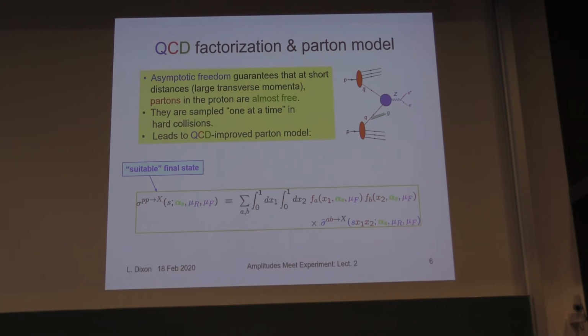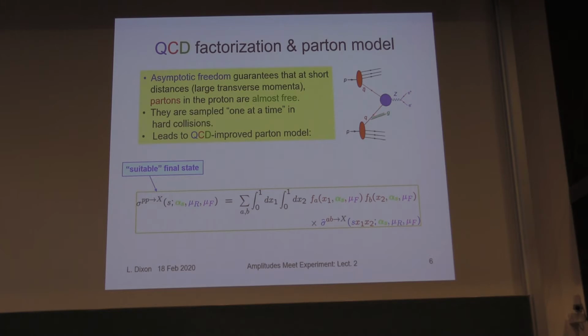And this has a perturbative expansion, and depends on alpha s. It also depends on the scale that you renormalize alpha s at, and the factorization scale. This is a very simple example, which is called Z production, or sometimes more generally Drell-Yan production, because it can produce a lepton pair.